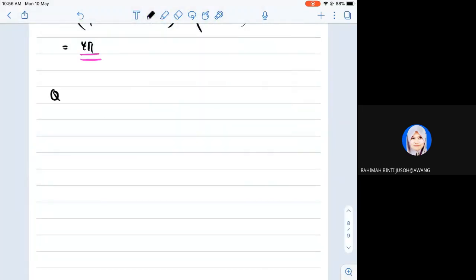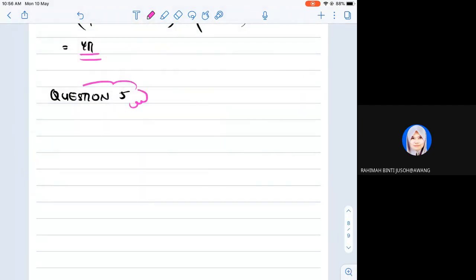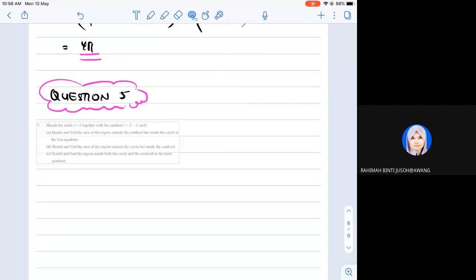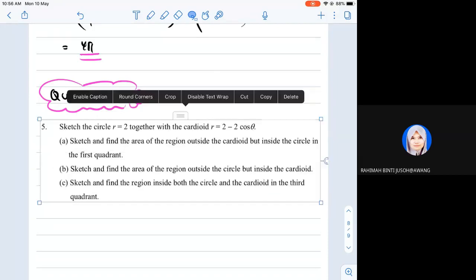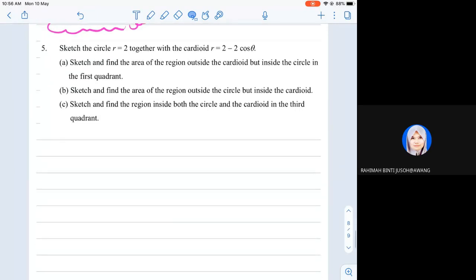Question 5. Sketch the circle R equals to 2 together with cardioid R equals to 2 minus 2 cos theta. Okay, kita buat satu-satu.